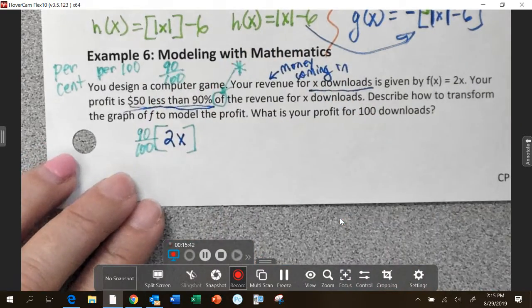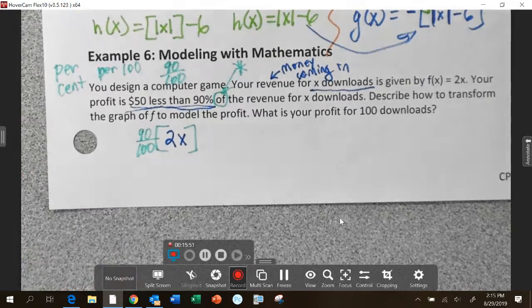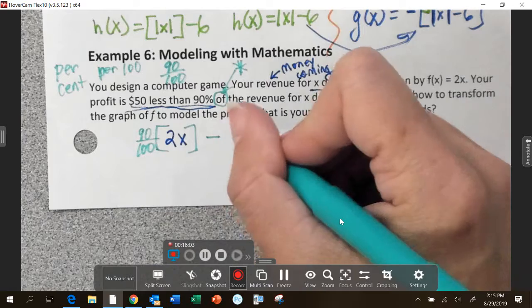It is not the number 90, or 0.9. But how did I get 0.9? I didn't just move the decimal over. I mean, that's what you were told to do, but that's not what we're doing. It's really because you're dividing by 100. 90% is out of 100. But yeah, it does become 0.9. And then after we find this answer, then we subtract 50.